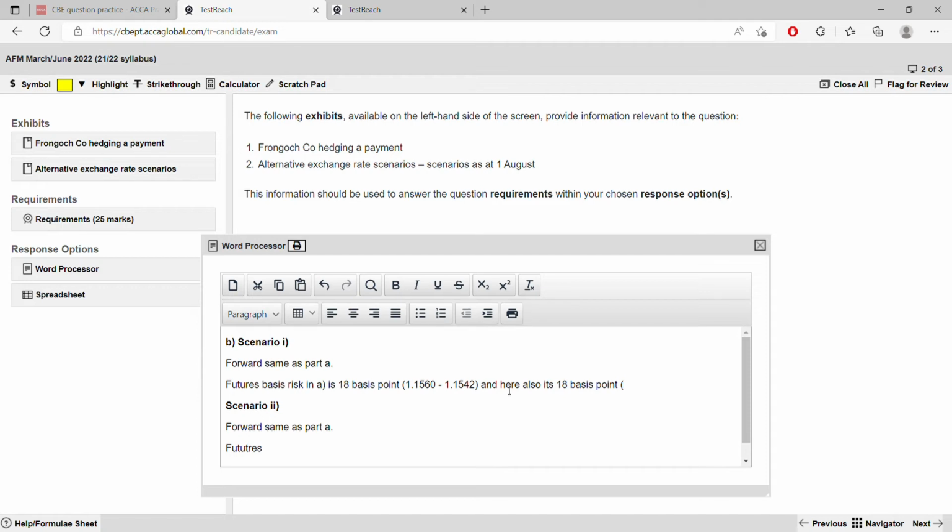The new future price, that is 1.1552. Under scenario 1, this is the opening future price. No need to find the closing future price and take it with the spot, because that is the spot for August. 1.1534. So you see the difference is the same. That means here also future is the same. There is no impact because the basis risk is the same.